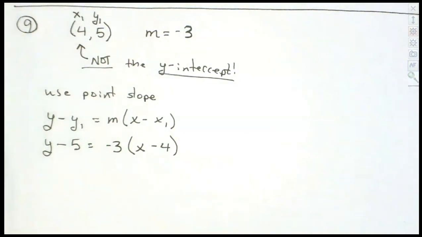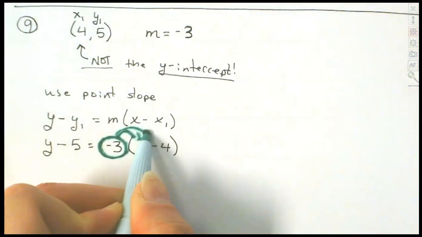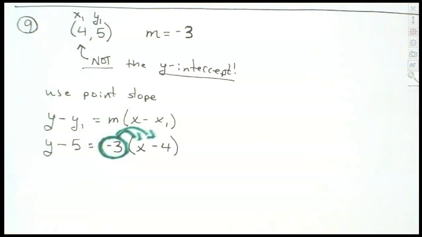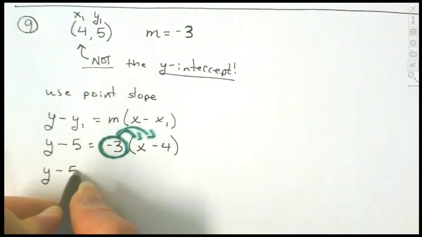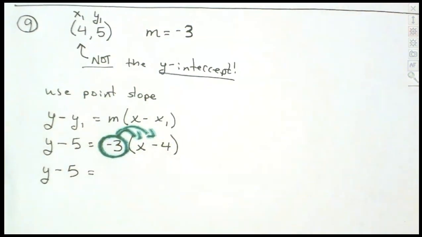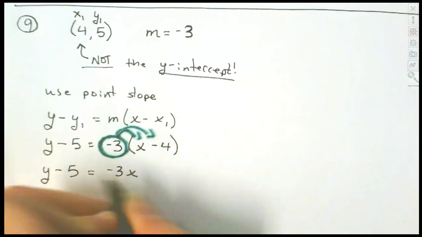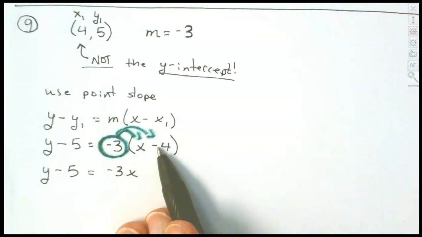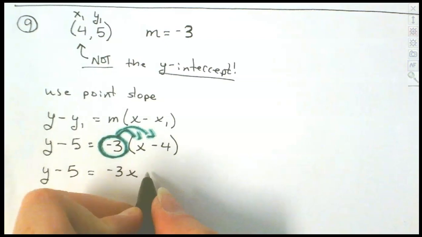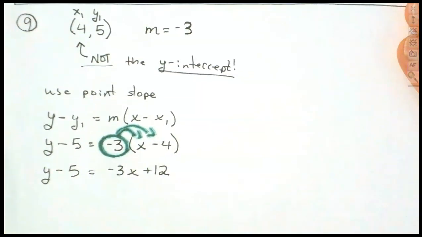Now what do we do? Well, now we can finish it by distributing that negative 3 through. And watch your signs here. So that's going to be y minus 5 equals, distributing that negative 3 through, we get minus 3x. The negative and the negative here will make that a positive 12. We're almost done.